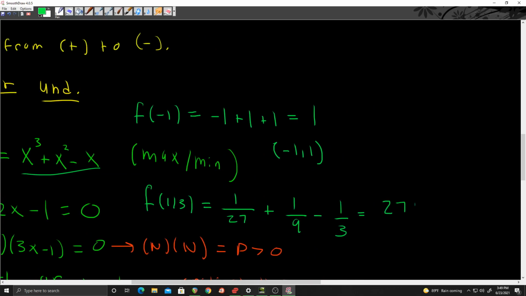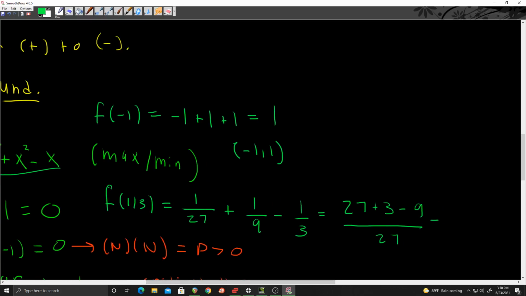So 27 plus 3 minus 9 over 27. 30 minus 9, 21 over 27. That's weird. Okay, fair enough. So we wind up with 1/3, comma 21 over 27, and that's actually going to be our minimum. So not a lot of variation here. 21 over 27 is pretty close to 1.